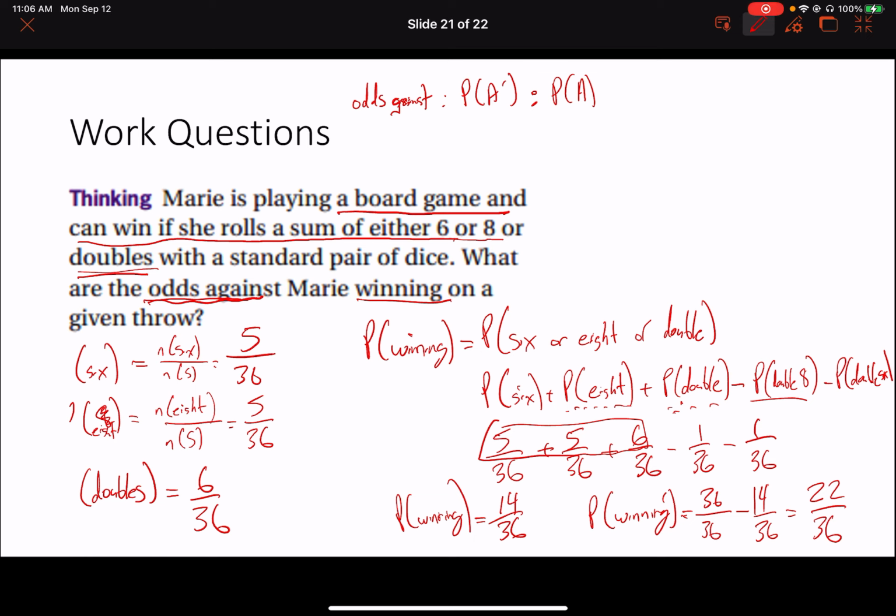So the probability of not winning is 22 over 36 to the probability of winning, which is 14 over 36, which is equal to 22 to 14, which is 11 to 7.